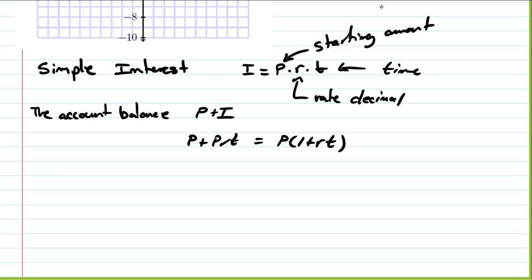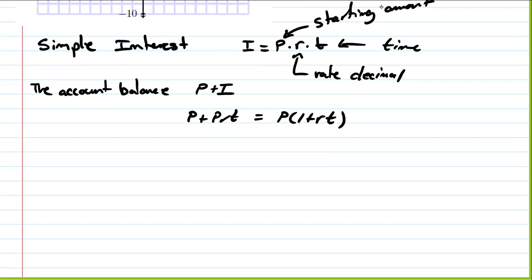So the account balance at time t for simple interest is given by P times 1 plus r times t. So let's go ahead and do an experiment. What is the account balance if I invest $100 at 10% interest for 1 year?